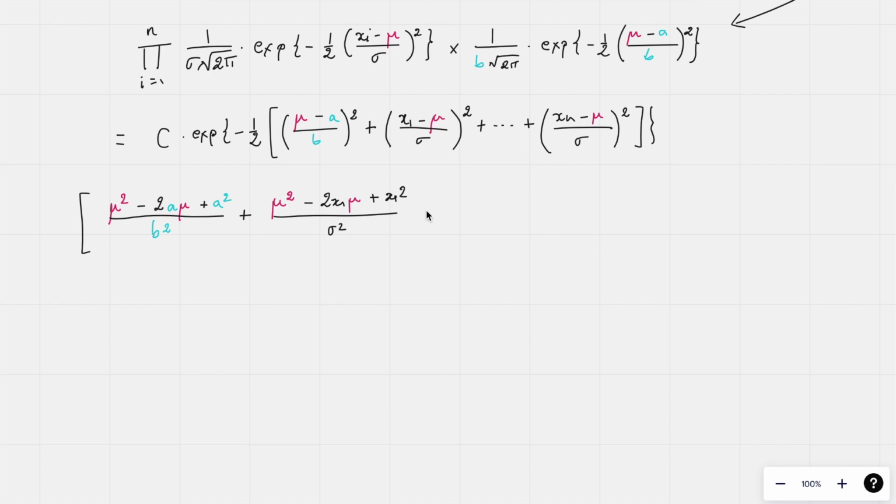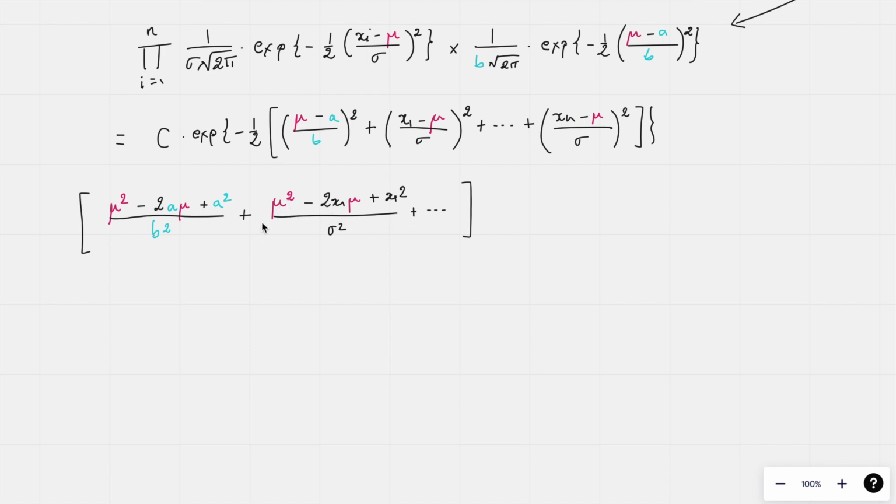I don't need to write the other terms here. They're similar to the first. So here we have one first term which is slightly different from the others. And after this, we have n terms that follow this pattern.